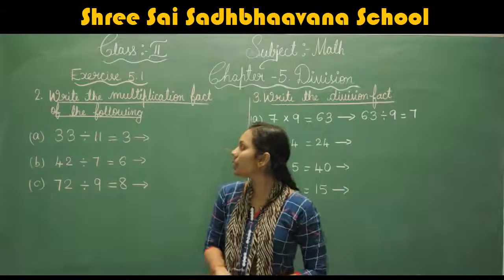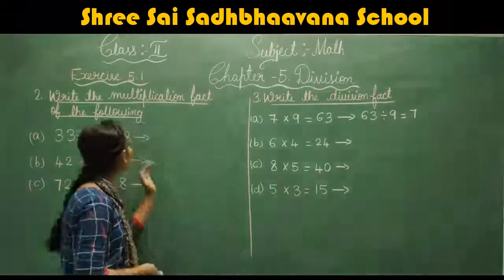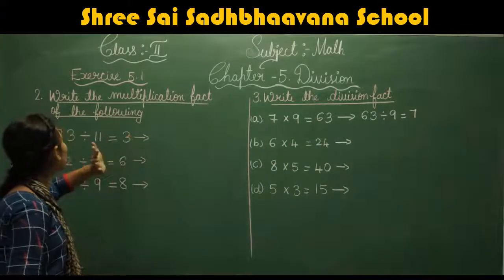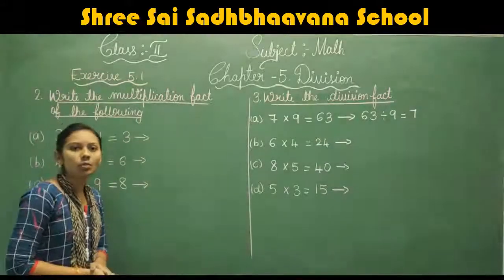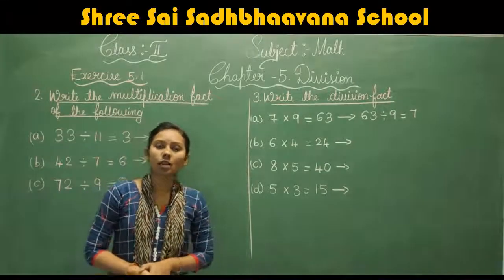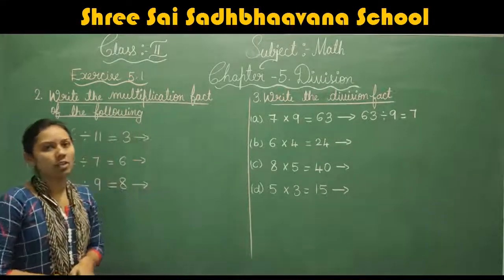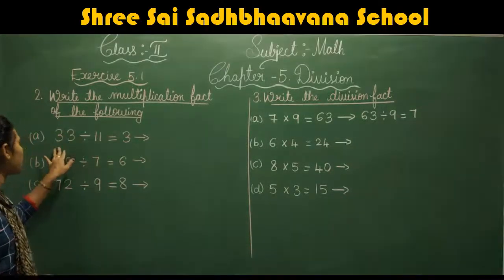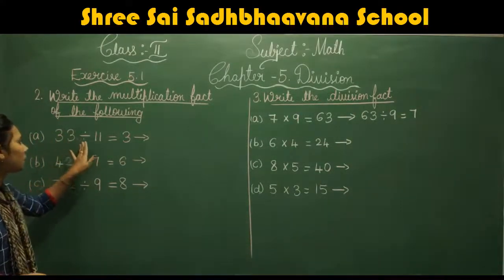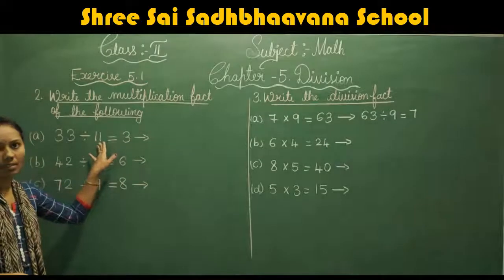Yes, children. Now we will continue. The second question is, write the multiplication fact of the following. What you have to do here? You are going to write the multiplication fact. The first question you can see is 33 divided by 11.